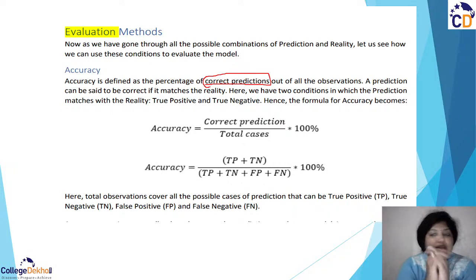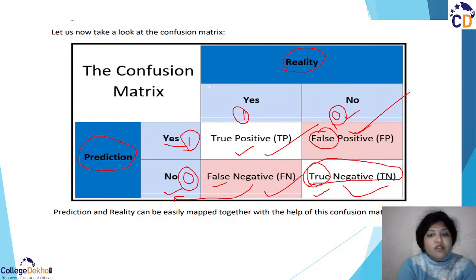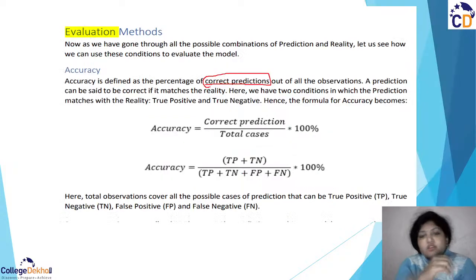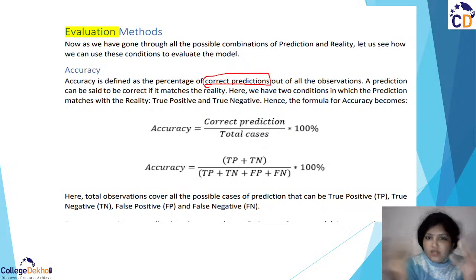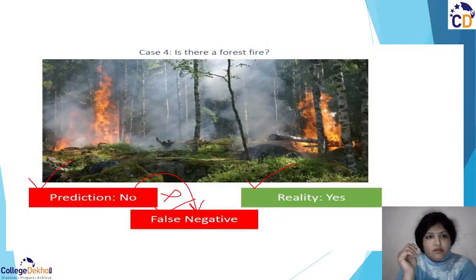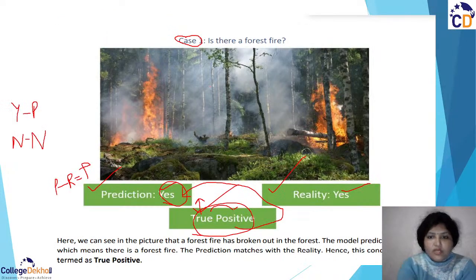You are taking all the four conditions as the denominator. A prediction can be said to be correct if it matches with the reality. If it matches with the reality, you get true positive, or if both results are matching as no, you get true negative. So we have two conditions in which prediction matches with reality.